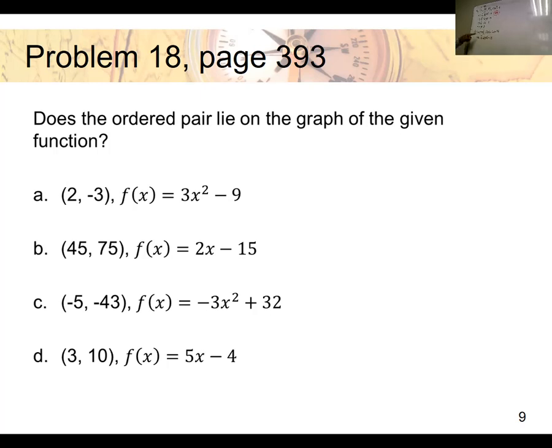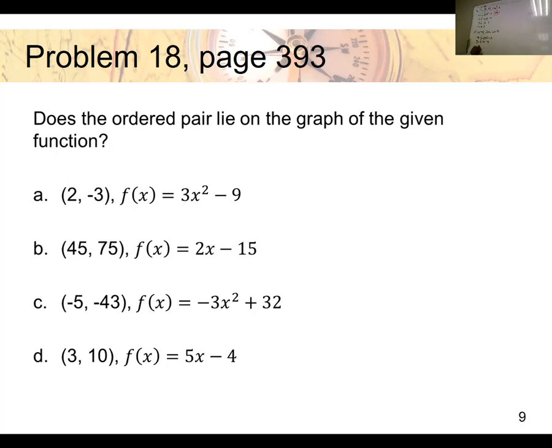And by the way, y and f of x mean the same thing. So f of x equals 2x minus 15 is the same as saying y is equal to 2x minus 15. And f of x equal to 3x squared minus 9, that's the same as saying y equal 3x squared minus 9. All right, so back to part B. I want to know if that's equal to 2 times 45, that would be 90.